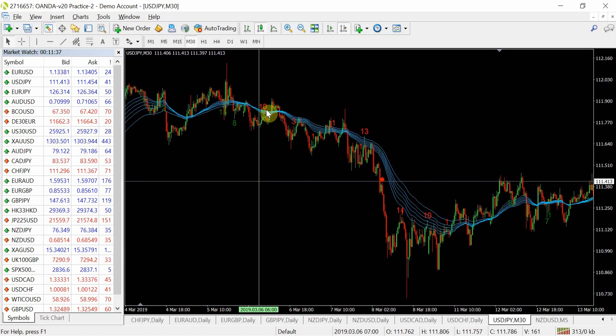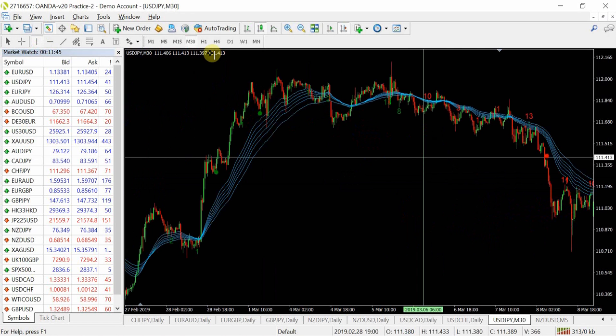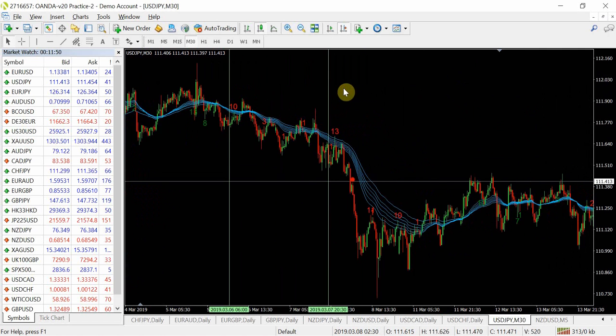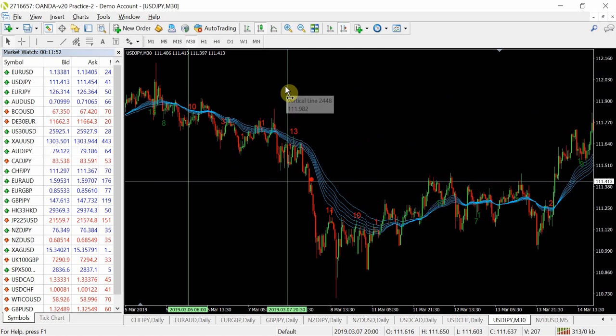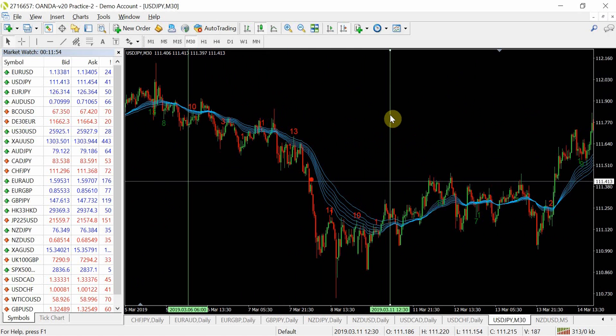But if I look at this whole trend, which finishes about here, they probably cross over about there. So here you see your massive downtrend. Just look at how many signals you actually get: 1, 2, 3, 4, 5, 6, 7, 8. You get 8 down signals, a lot of them pin bars.